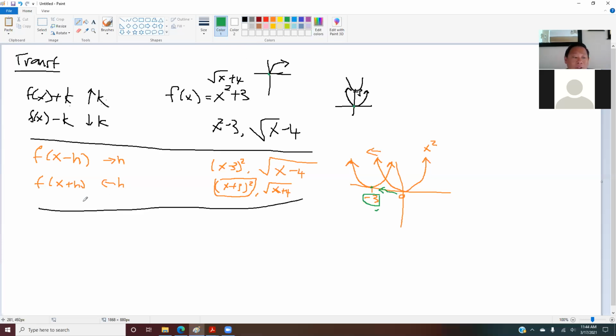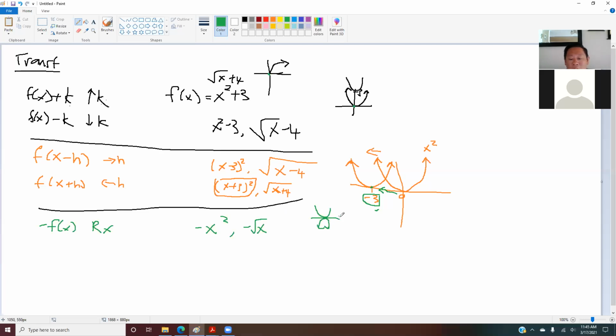Next we have reflections. If you have a negative in front of your function, you will reflect it on the x-axis. For example, negative x squared, negative square root of x. What happens when you reflect this on the x-axis is if you have a parabola, it will go downwards.